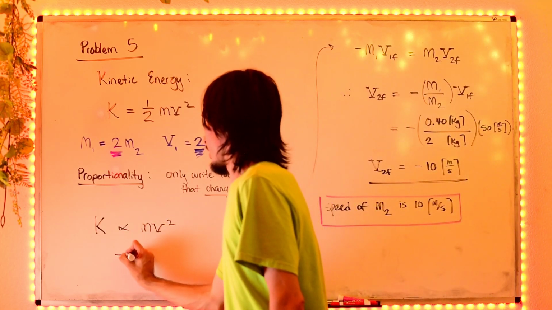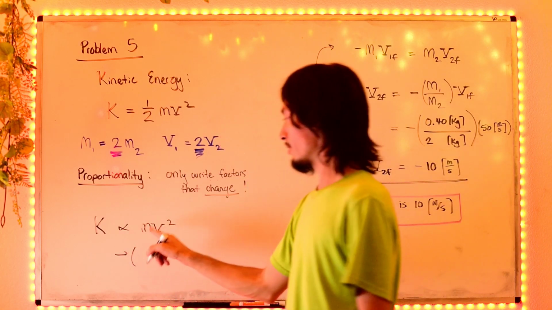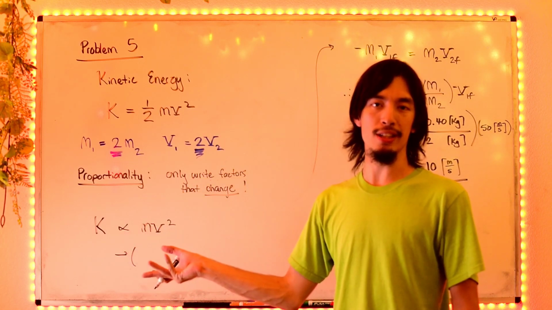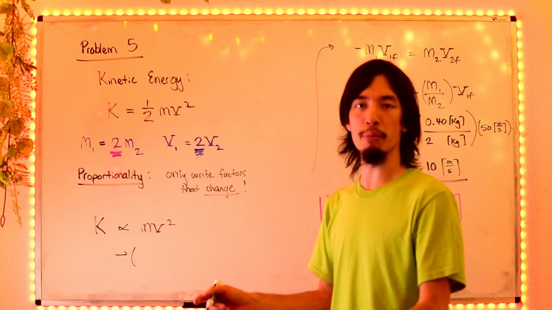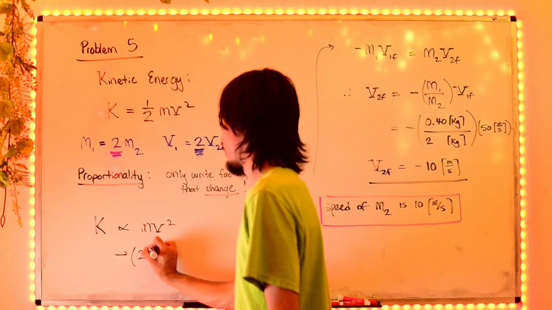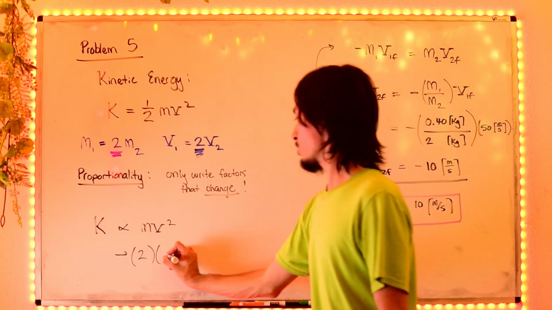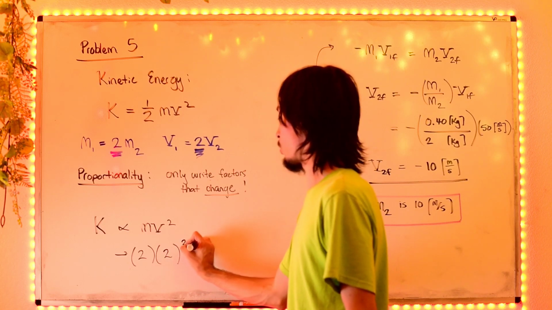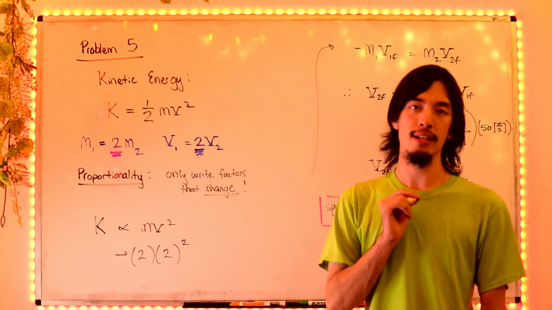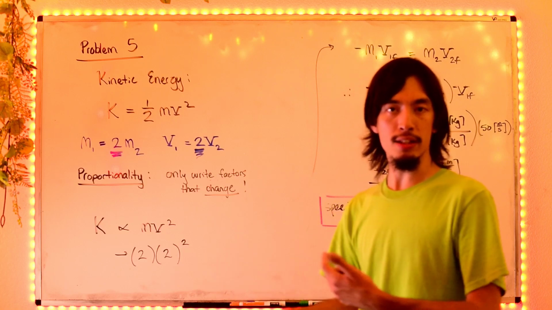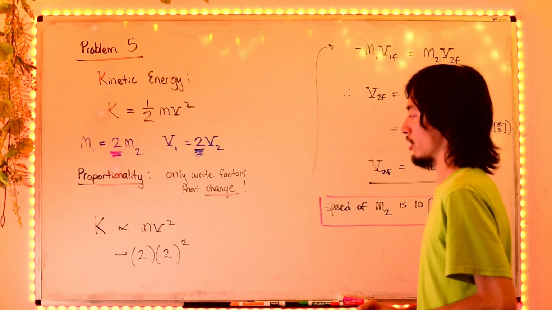The only thing you do here is you plug in by which factors you are changing the situation by. So for instance, doubling the mass means you plug in a 2. Doubling the velocity also means you plug in a 2, but you are squaring that. The squares and such still stay attached to the term.